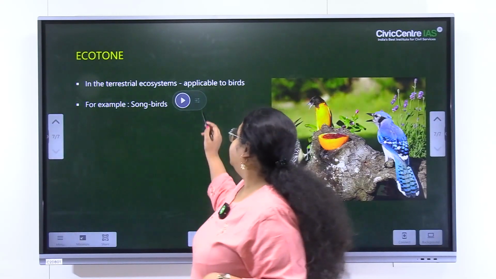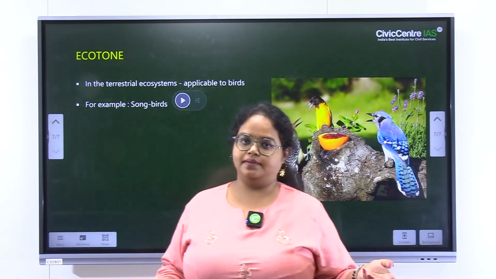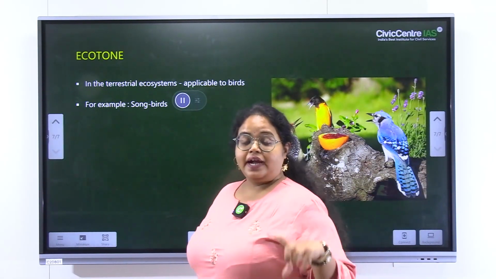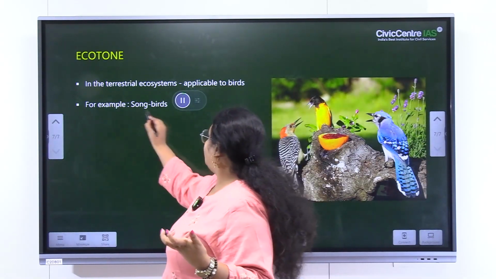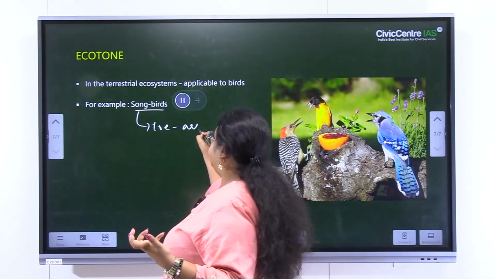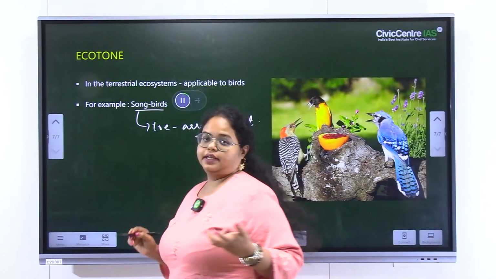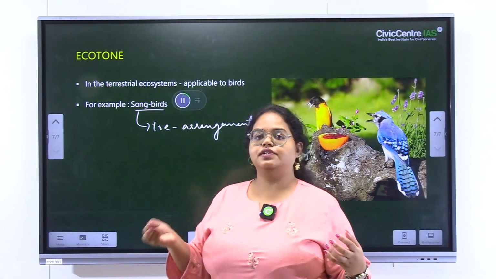Grassland again is an ecotone between forest and desert ecosystem. These songbirds have adapted to the ecotone environment and their toe arrangement is so specific that they can perch on the dry branches that are there, and they are abundantly found in the transitional zone.